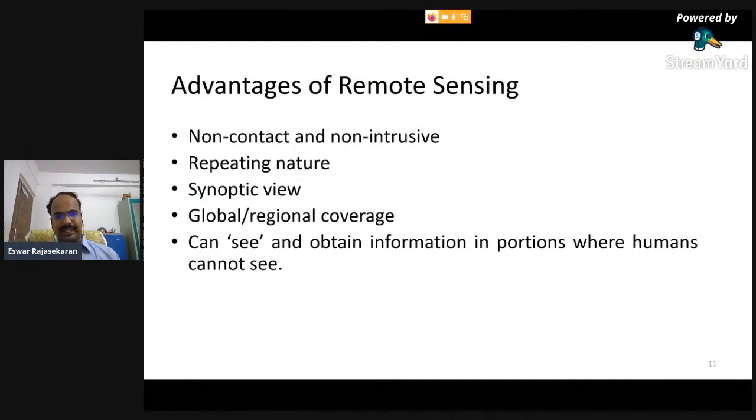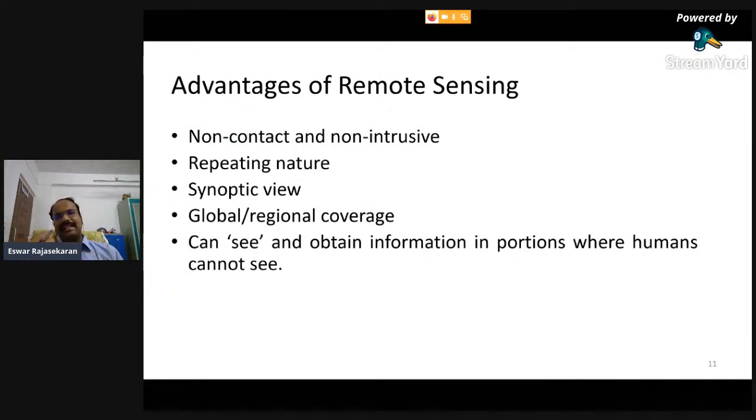And the most important thing is that remote sensing helps us see and obtain information in portions of energy where humans cannot see. Our eyes are tuned to see only white light, basically the visible light that comes from the sun or which is produced by the light sources we have. But the entire energy spectrum is really huge, and visible light forms only a tiny part of it.